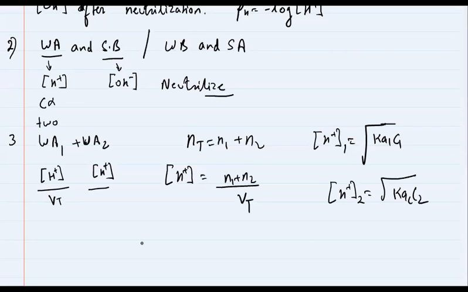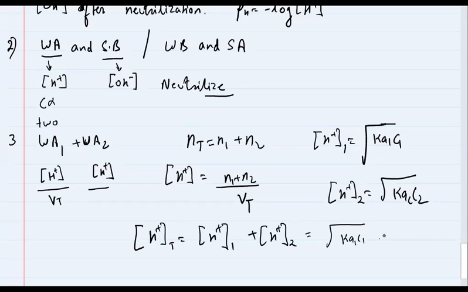So can we say the concentration of H plus total is the concentration of H plus from 1 plus the concentration of H plus from 2, which is equal to root Ka1C1 plus root Ka2C2? Is it correct? If not, then what is the mistake over here? Think about it.